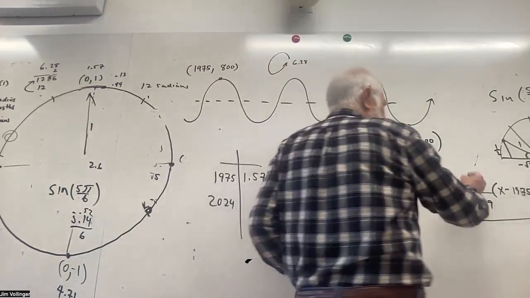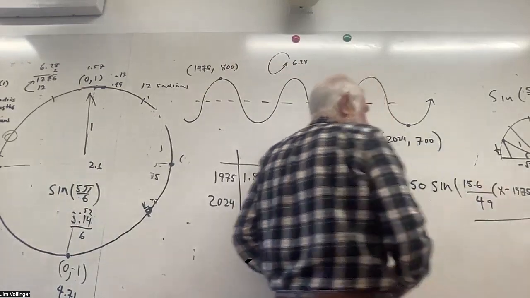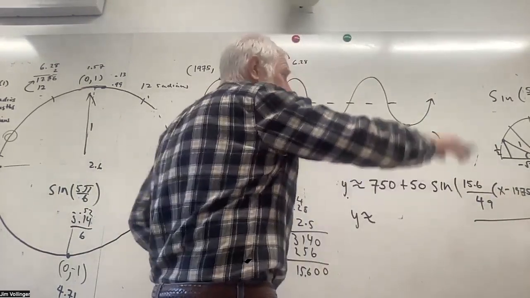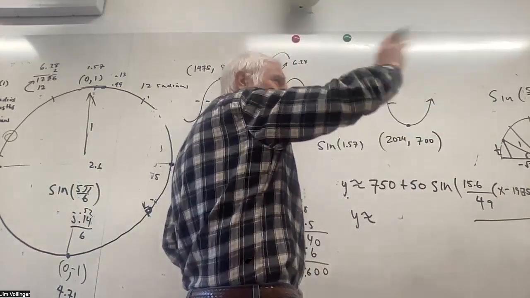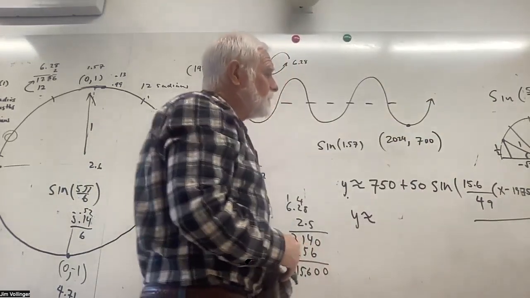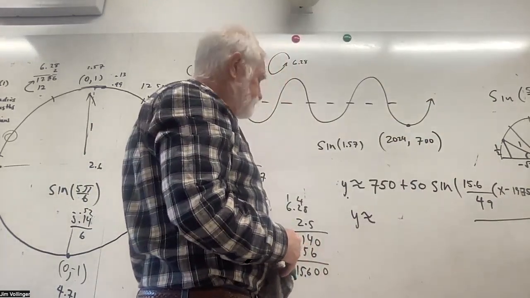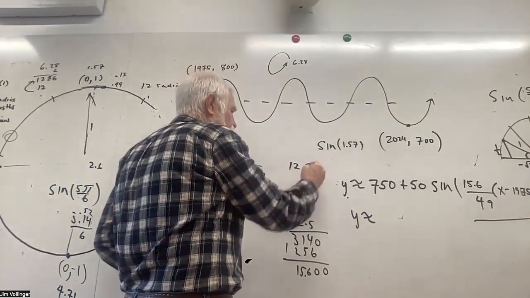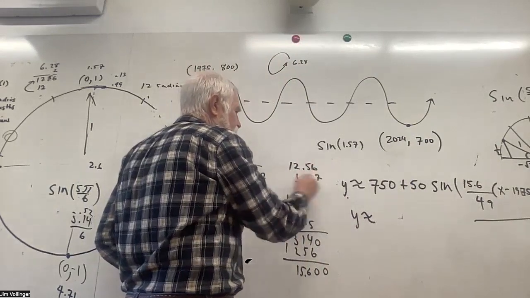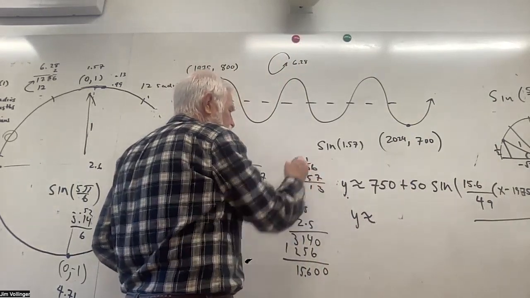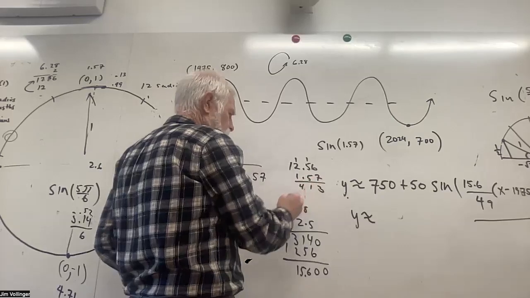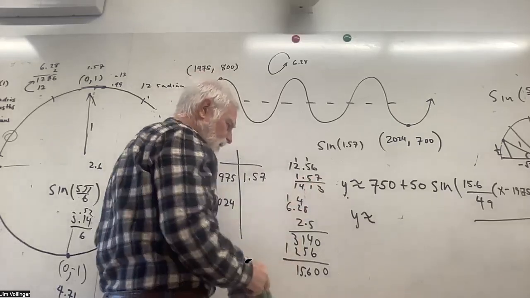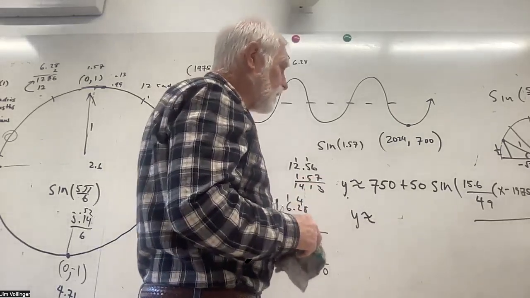So 15.6 is roughly, once around 6.28, another 6.28, a little bit further. 12.56. Just check this real quick. Plus 1.57. I feel like I made a mistake here, but I'm not going to go back and do this video again.